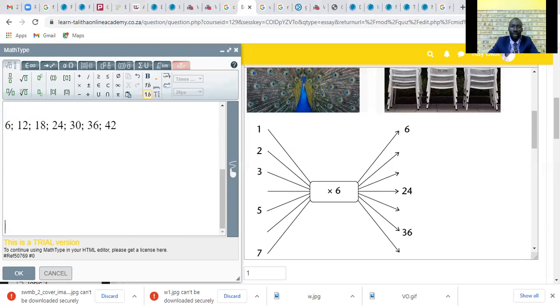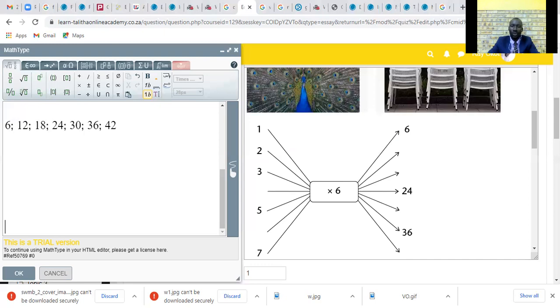Now, sometimes we are required to find some additional quantities that would come out of a pattern. Remember, a list of numbers that form a pattern is called a sequence.